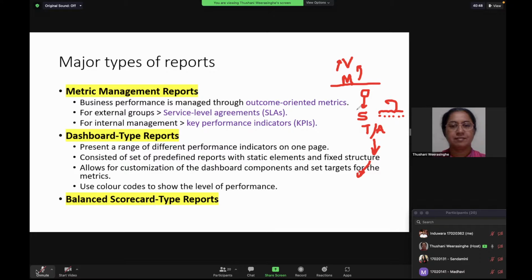For instance, if you think about UCSC, you have the vision and mission, which you can even see on the website. Then here we have the long-term objectives or goals, and then the strategies.